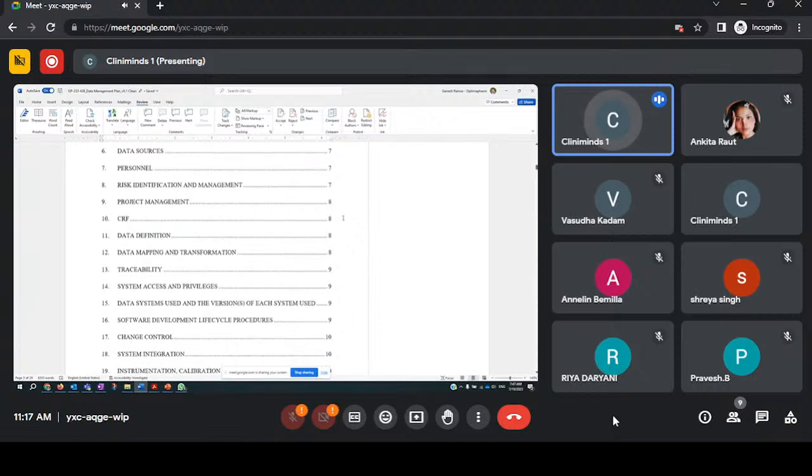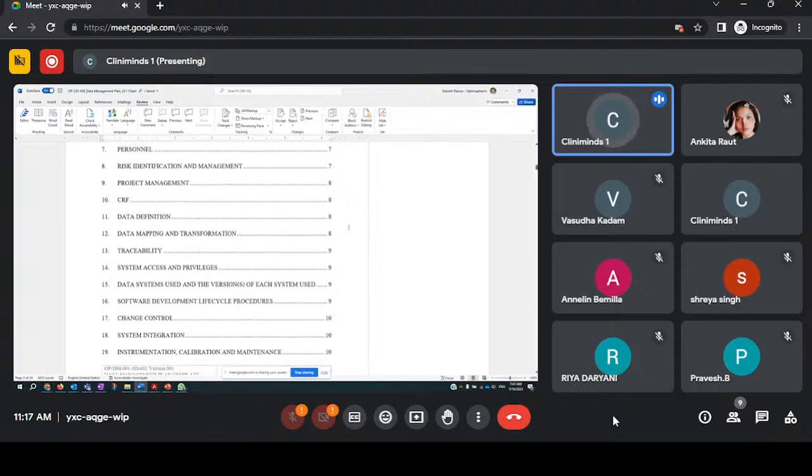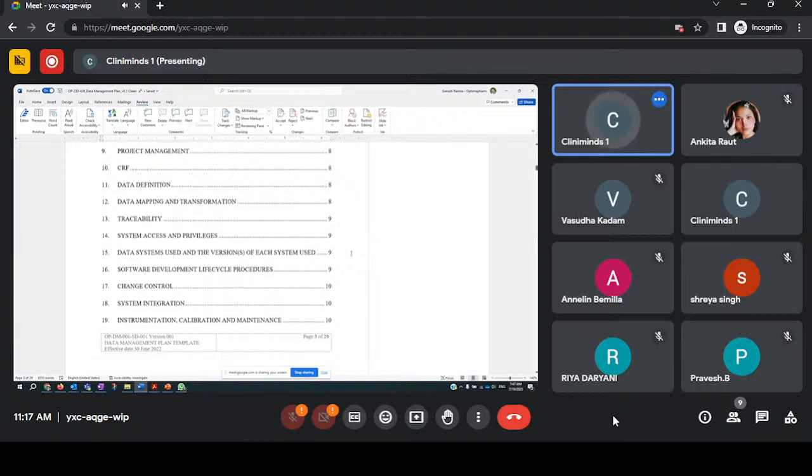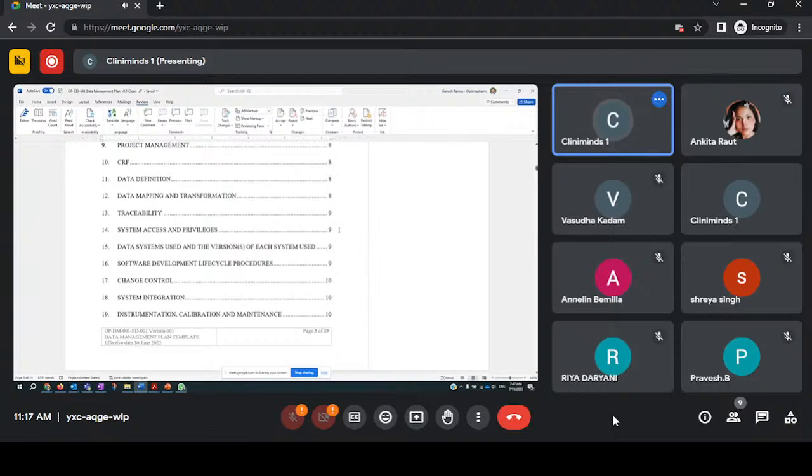Then how the project management will be done, right? What type of CRF software will we be using? Will that be eCRF or paper CRF, and which database are we going to use? Data definitions, like how you are going to develop the database, right? The specification, you have mapping and transformation of the data if we have. A few things are applicable or not applicable depending upon the project. Testability, like how you are going to test the data. System access, right? A very important topic, called user management.